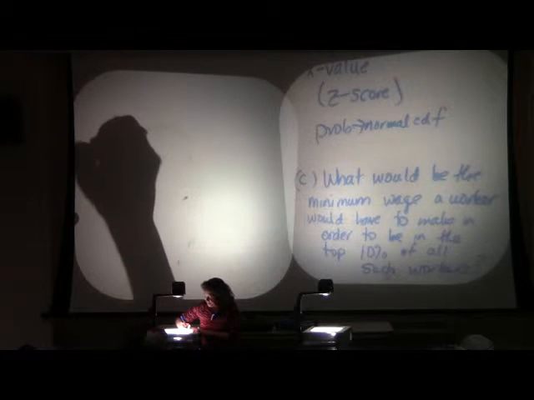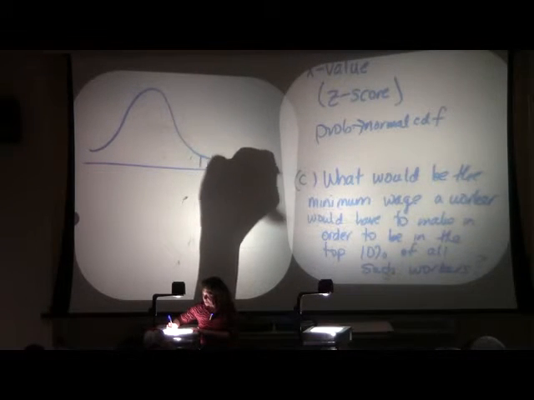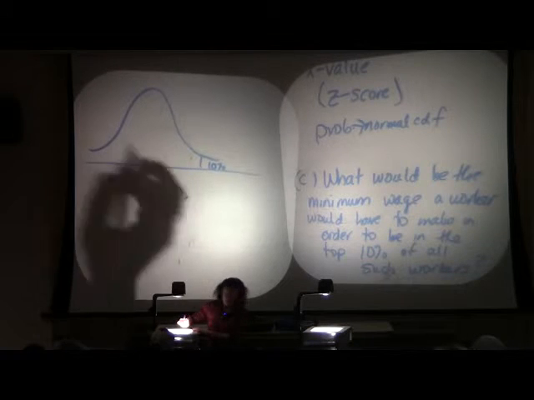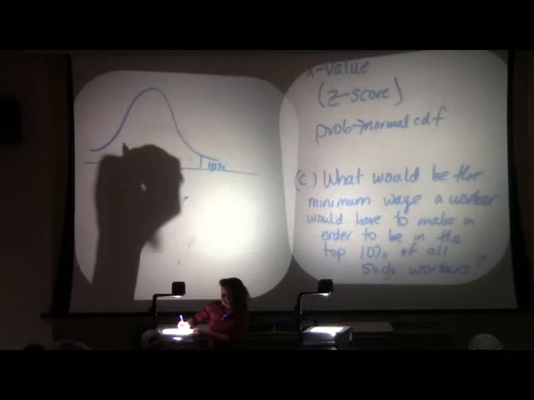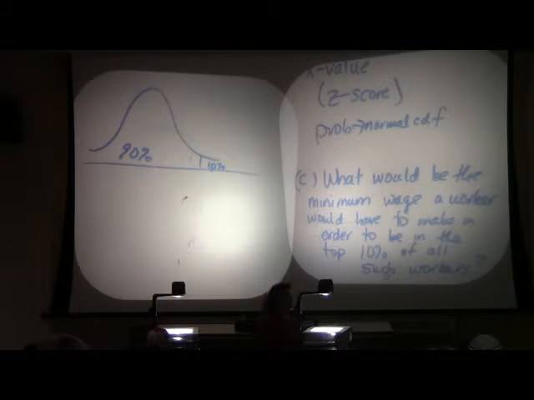All right, first off, do you agree if you're in the top 10% you're living over here? Do you agree if you're in the top 10%, that means 90% are below you? Why do I make that comment? Well, no matter which style calculator you have, your calculator can only deal with the area to the left.